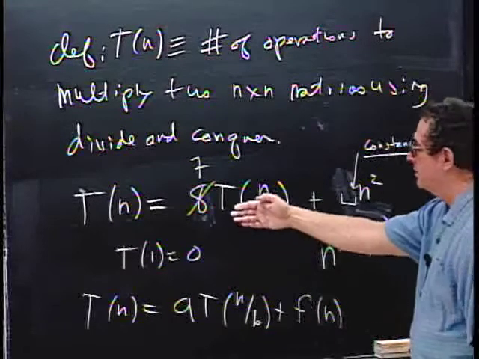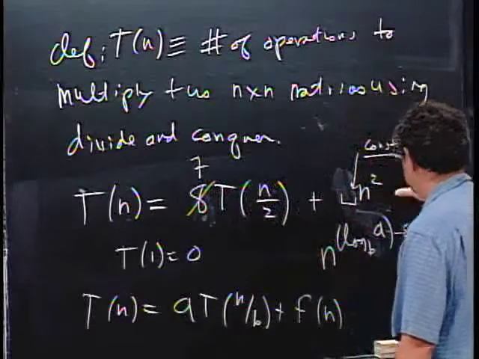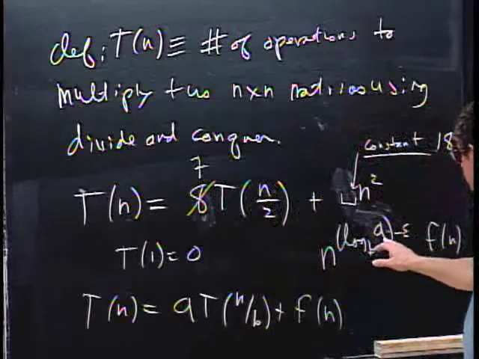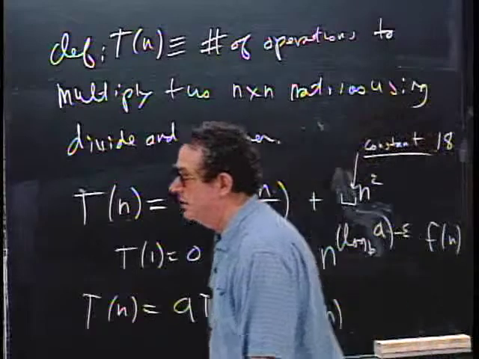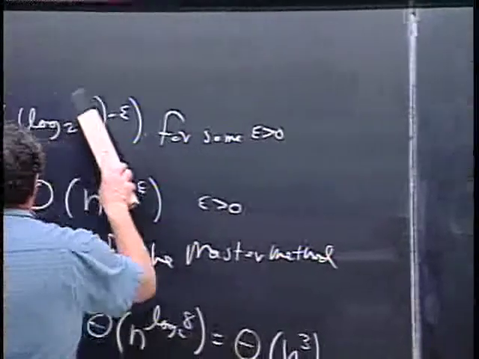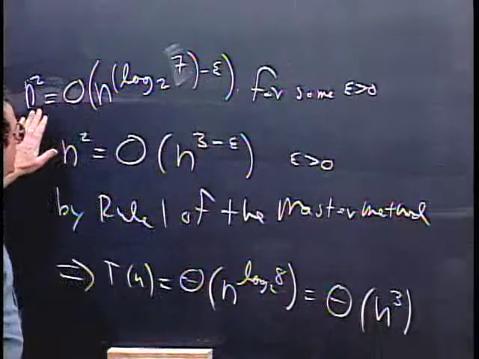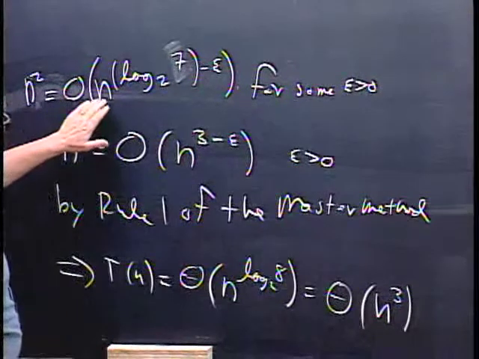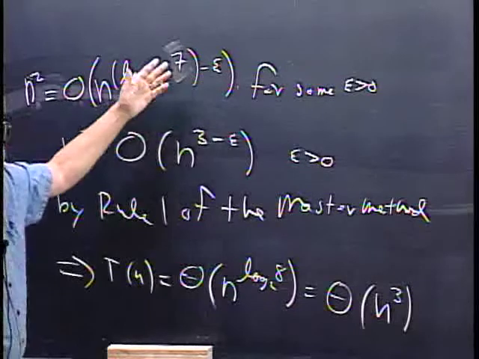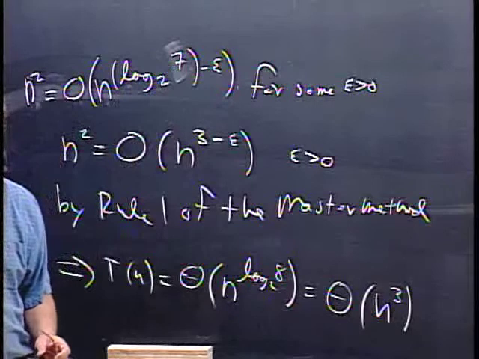If you take a look at this recursion, T(n) is equal to 7T(n/2) plus 18n squared. Then we look at log base b of a minus epsilon compared to f(n). According to the master method, is n squared big O of n to the log base 2 of 7 minus epsilon? Well, log base 2 of 7 is somewhere around 2.8.